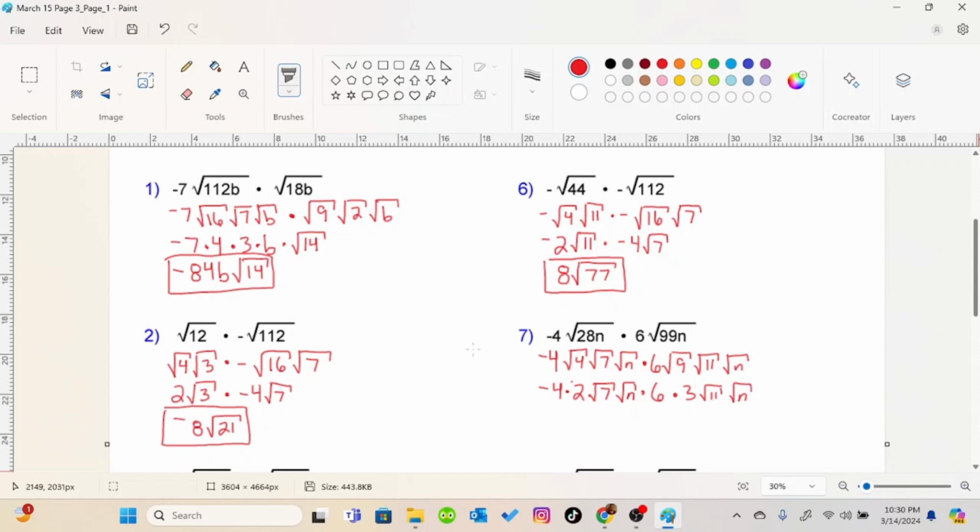Negative 4 times 2 is negative 8. Negative 8 times 6 is negative 48. And negative 48 times 3 is negative 144.